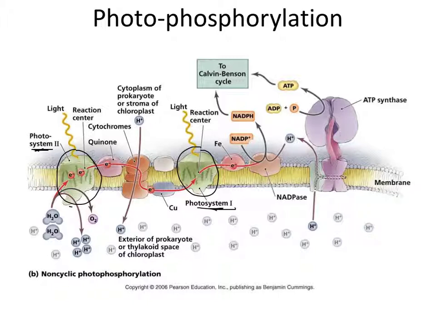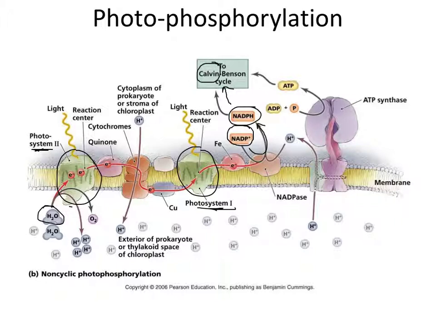But in both cases, electrons are transferred from water, the electron donating substance, through the photosystems and two electron transport chains, ultimately to NADP+, the oxidized form, which is then reduced to form NADPH, and it's going to go off to the Calvin cycle.